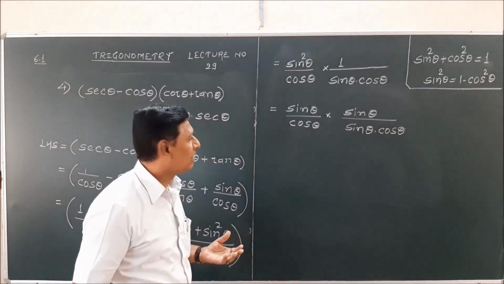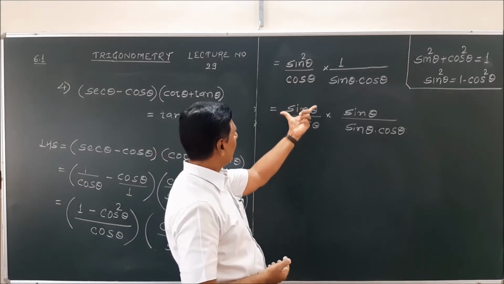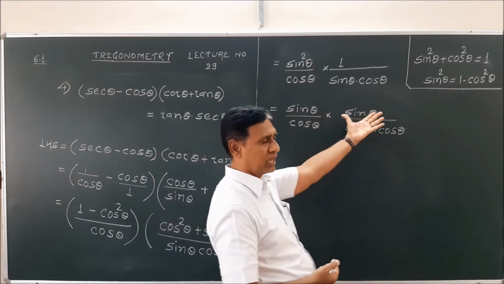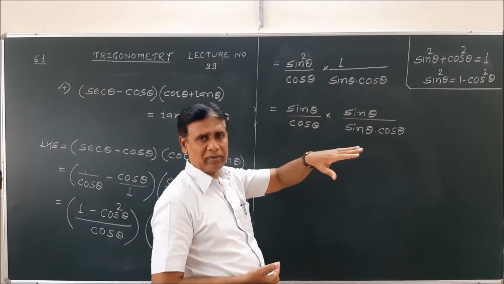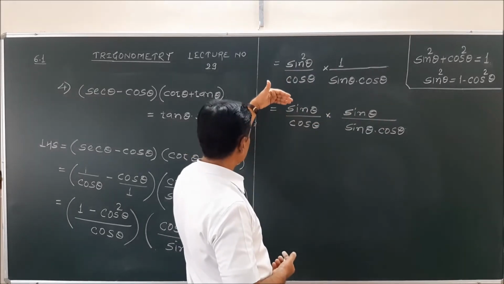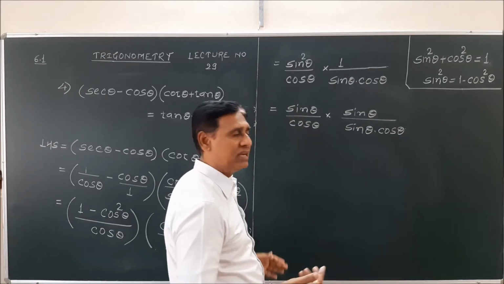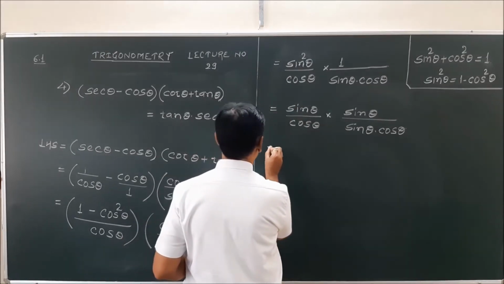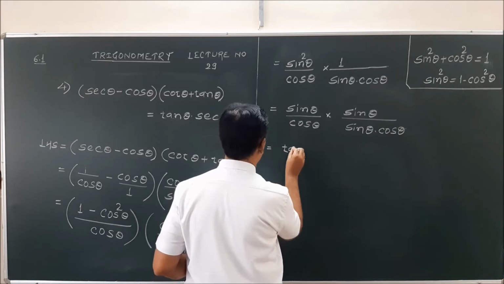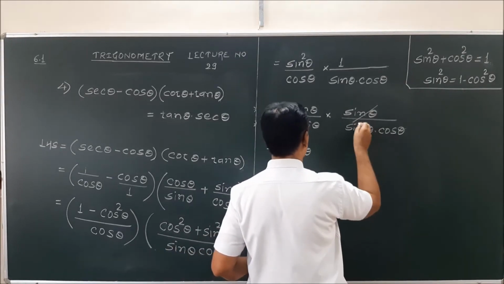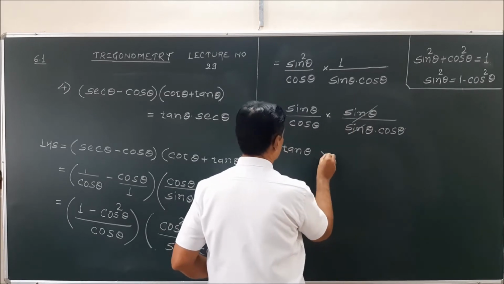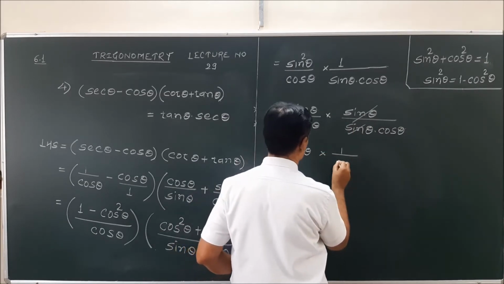Once again, sin square theta I split as sin theta into sin theta. Sign of multiplication is there, so no problem at all. So now sin upon cos is tan, and this sin and sin will get cancelled, and I'll get 1 upon cos theta.